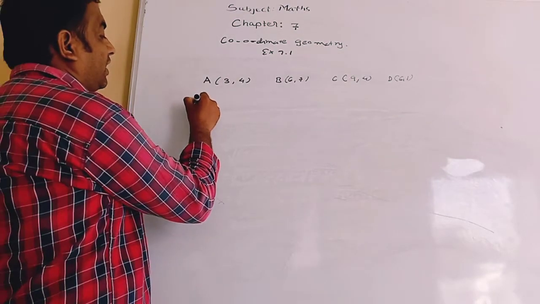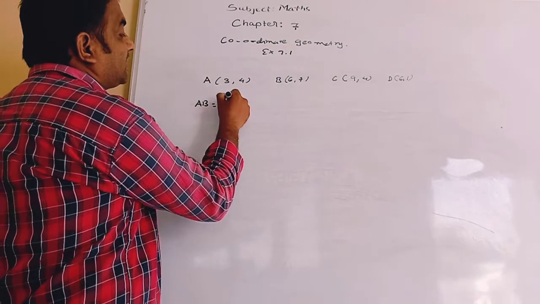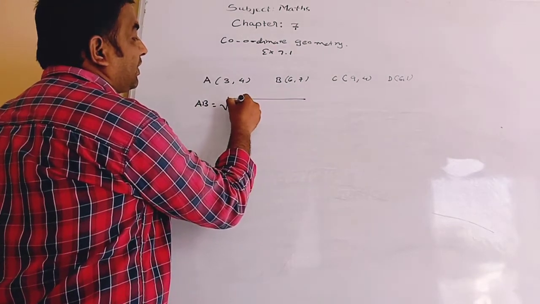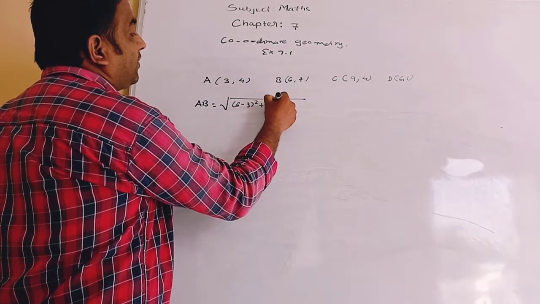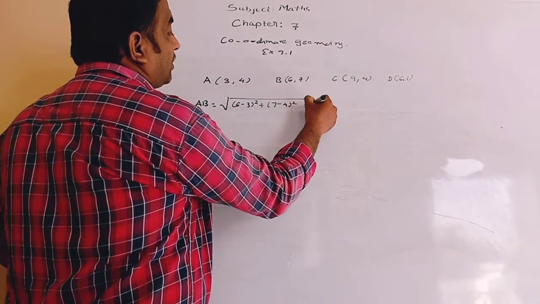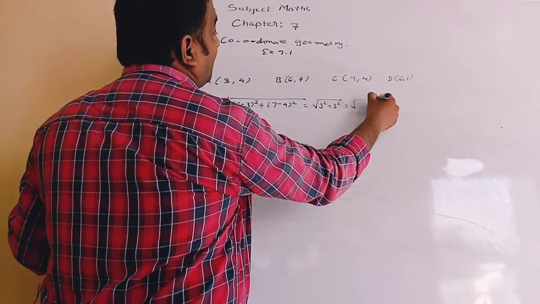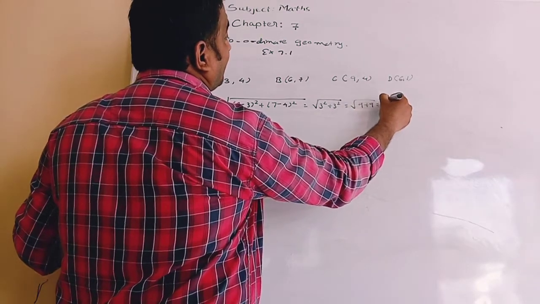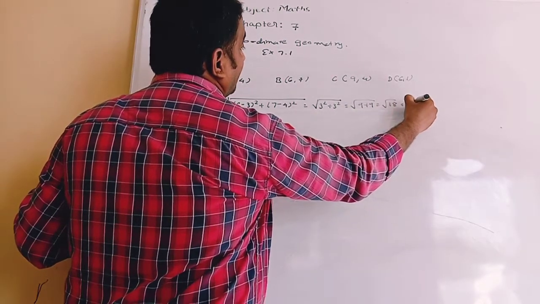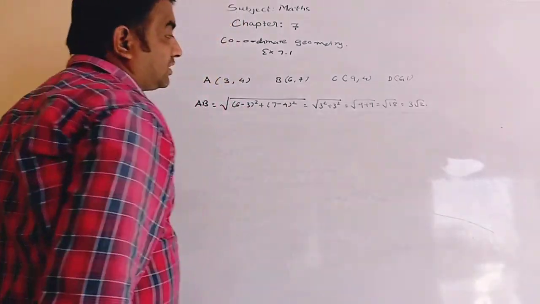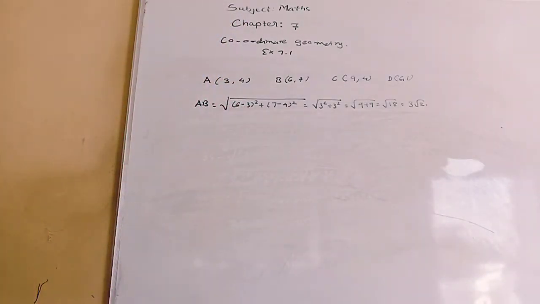First we find AB by the distance formula: (6 minus 3) square plus (7 minus 4) square. So it is 3 square plus 3 square, 9 plus 9, 18, and so it is 3 root 2.